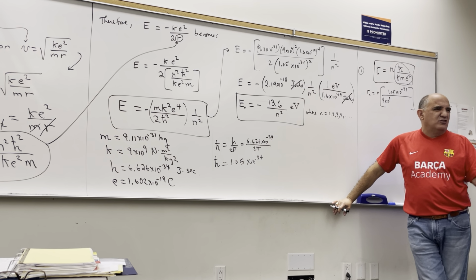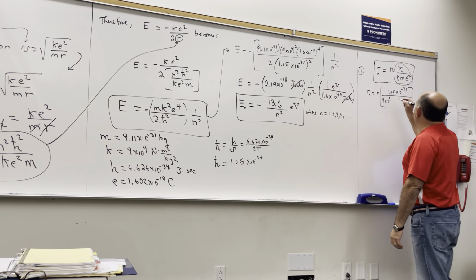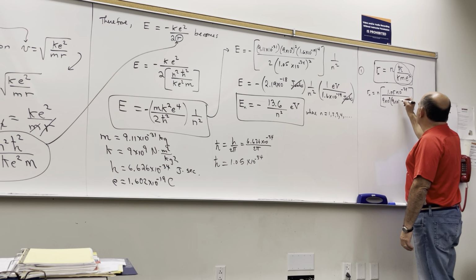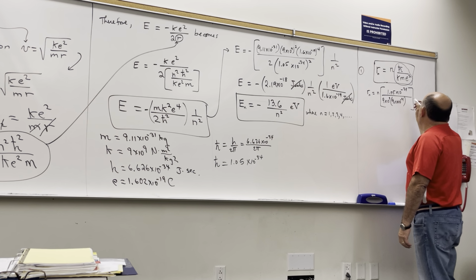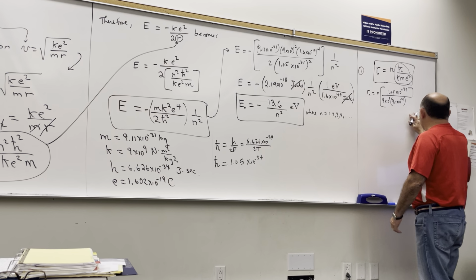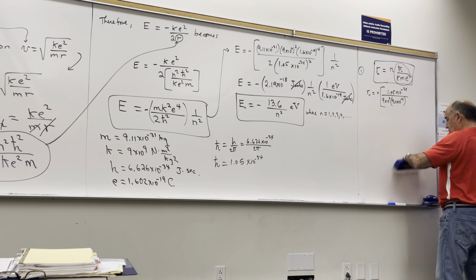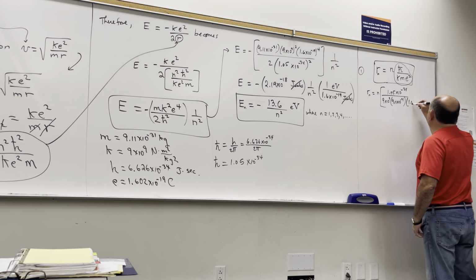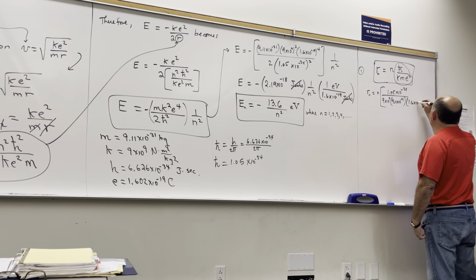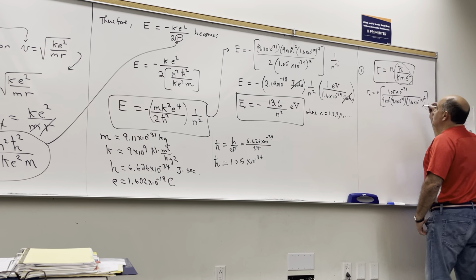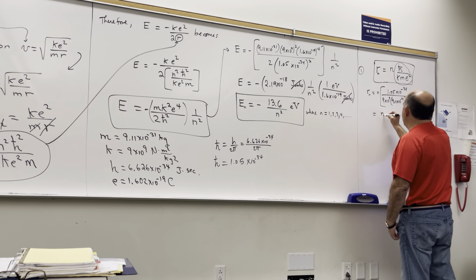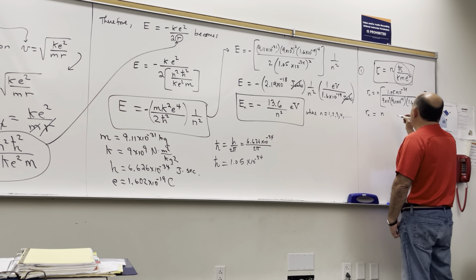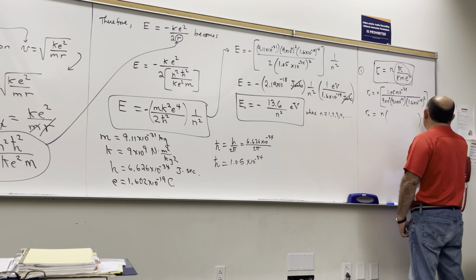But I'm just going to use 9 times 10 to the 9th. The mass of the electron is 9.11 times 10 to the minus 31. And the charge of the electron is 1.6 times 10 to the minus 19, and that one gets squared. And that's going to be a distance in meters. So this is n times some number in meters.